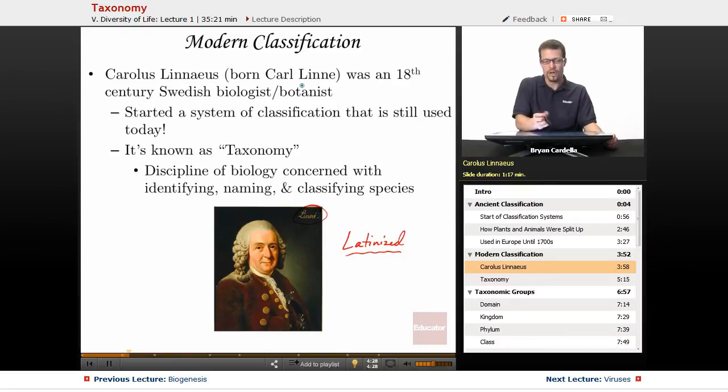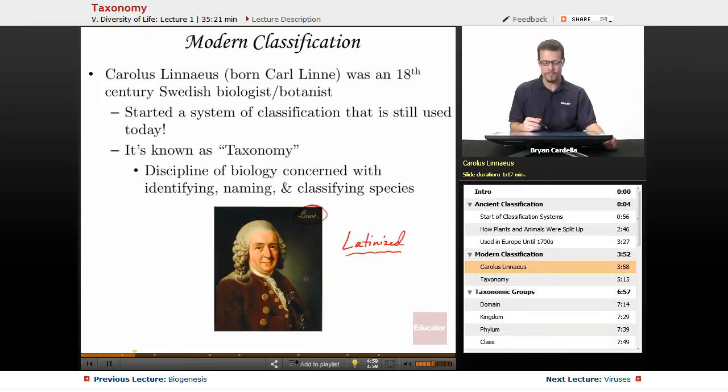Okay, and so Carl, you'll also find it written as Carl von Linn in certain sources. But Carl became known as Carolus Linnaeus because it almost sounds like a scientific name, right? Ornithorhynchus anatinus, that's the scientific name of the duck-billed platypus. I could do it to my own name. I'd be Bryanus cardelianus, or Bryanicus cardeliae, okay? But he did it with Carl Linn and Carolus Linnaeus.